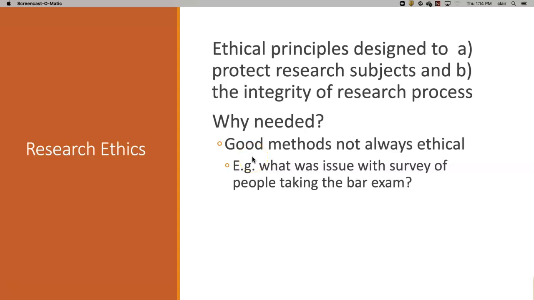So Babbie brings this up in terms of the people taking the bar exam. Forcing people to take that survey methodologically is great because you're getting everyone's responses.